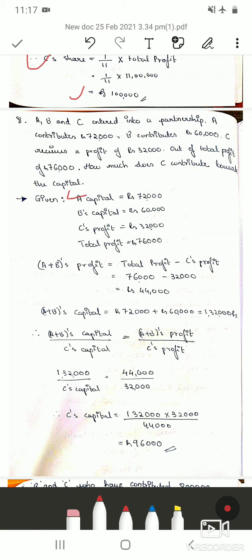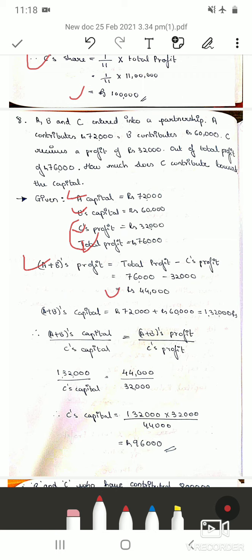So they have given A's capital to be 72,000, B's capital to be 60,000, and they have given C's profit, which is 32,000, and they have given the total profit, which is 76,000. So the remaining profit will be the profit of A and B. Therefore, A plus B's profit will be total profit minus C's profit, which is 76,000 minus 32,000.